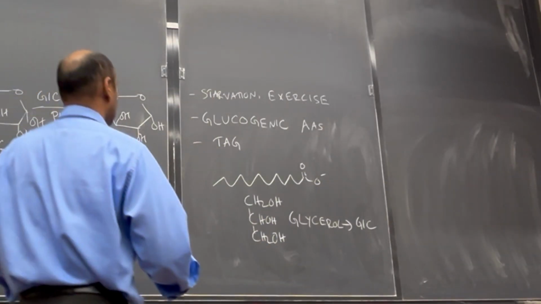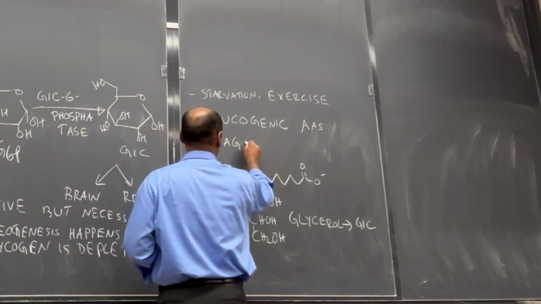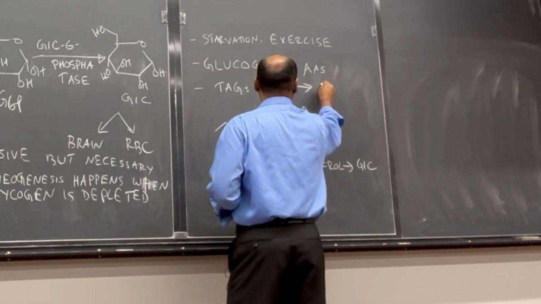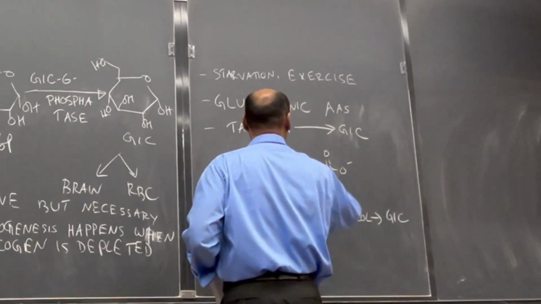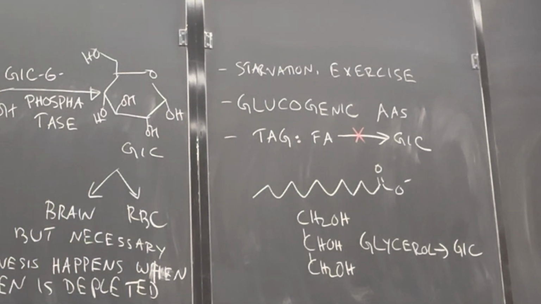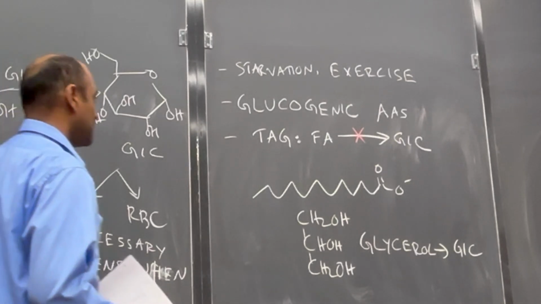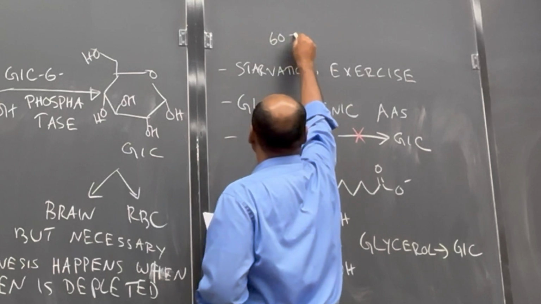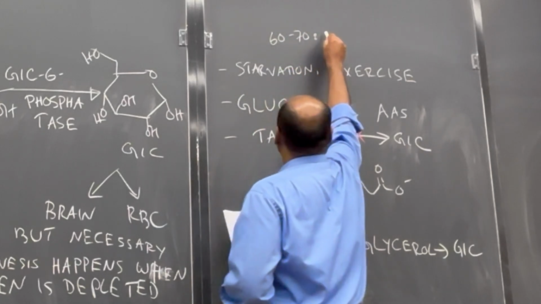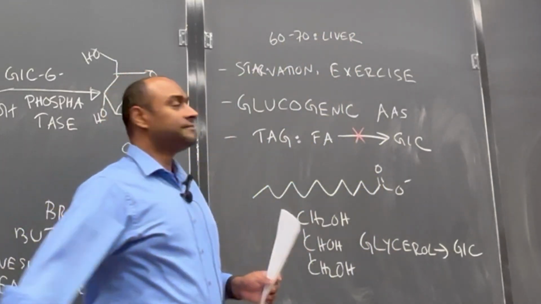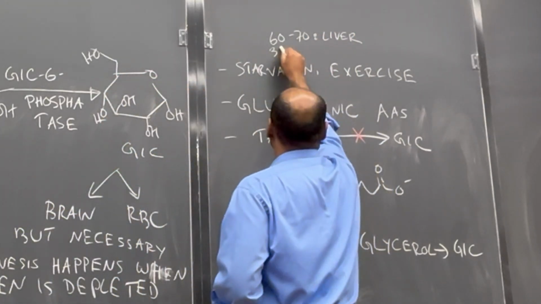So the fatty acids from TAG actually cannot make glucose, right? But the glycerol part can make glucose. So most of the gluconeogenesis is happening in the liver, but some also in the kidneys. So approximately 60 to 70% in the liver, and the rest is in kidneys, so about 30 to 40%.